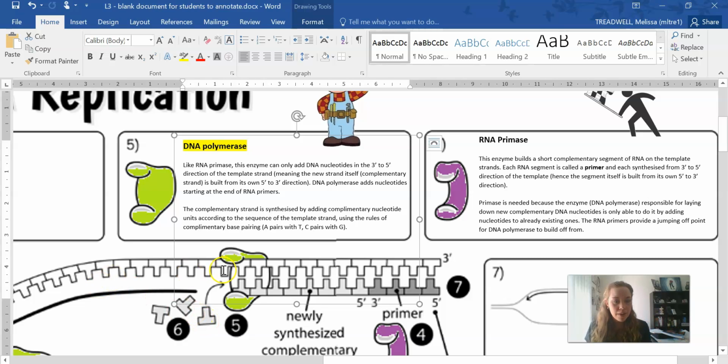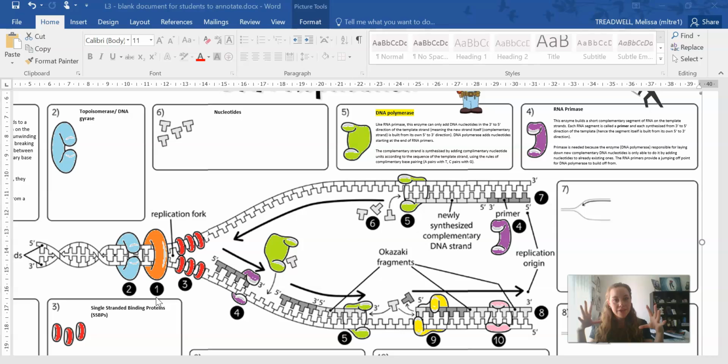Now if this up here on the template strand was an A, then the DNA polymerase would put a T here. Okay, so it's building a complementary strand opposite, so A's with T's and C's with G's, to that of the template strand. Okay, so I just want to come back out to the big picture.